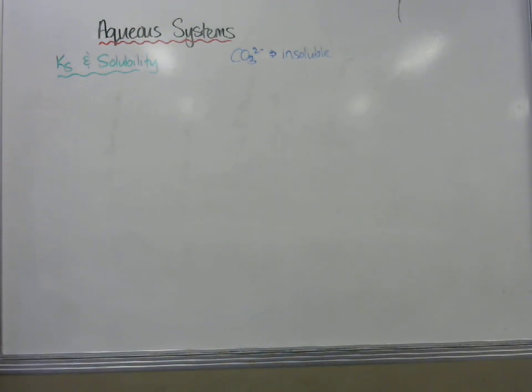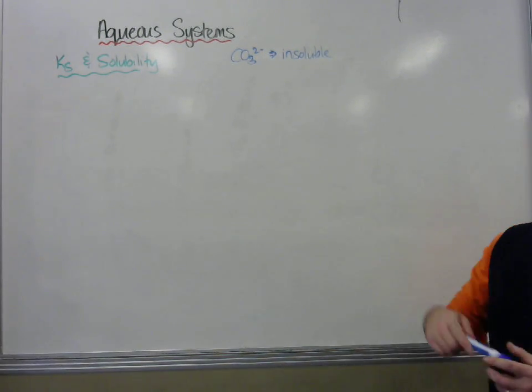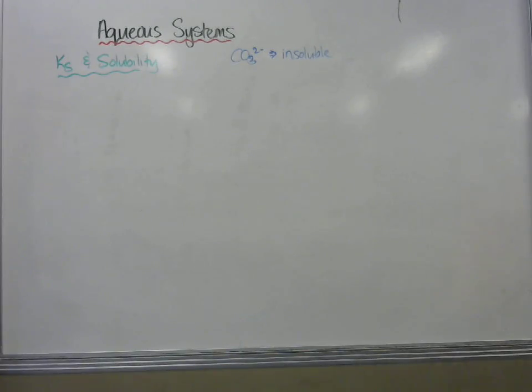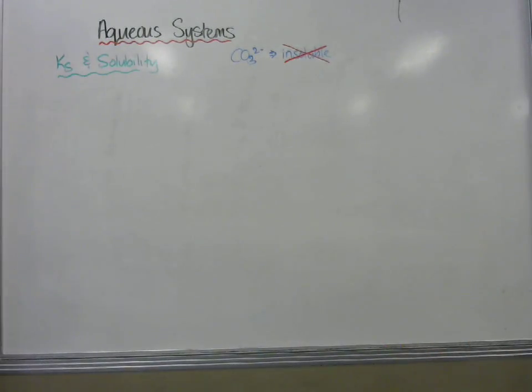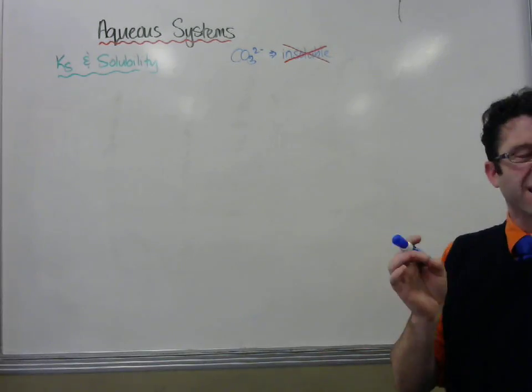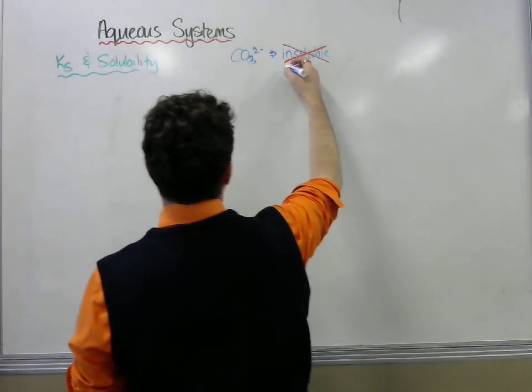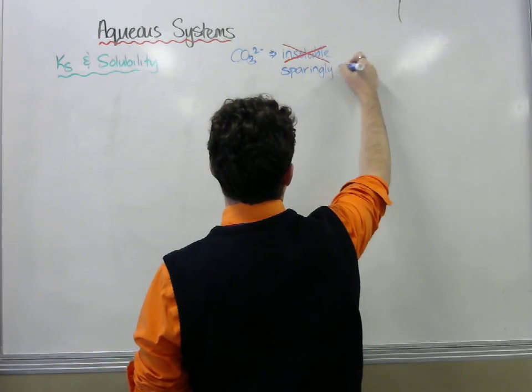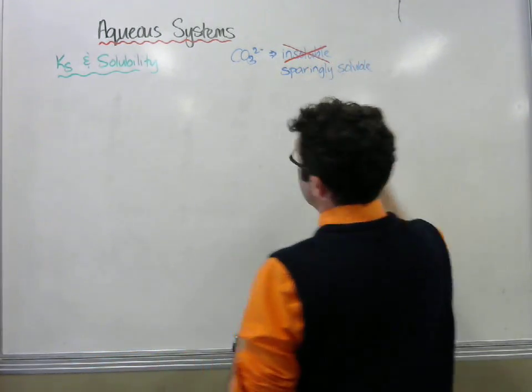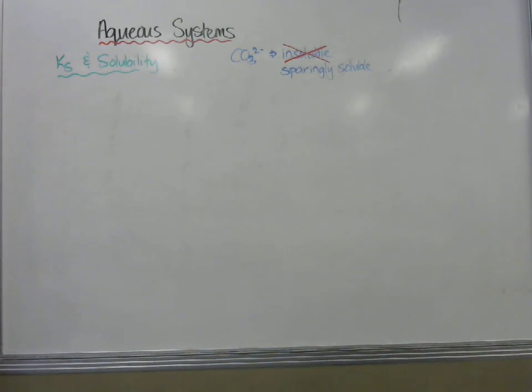So they are at least slightly soluble. So really what we say now is not that they're insoluble, but that they are sparingly soluble, which means only a little bit dissolves. So now we say that the things that we did call insoluble are now sparingly soluble.